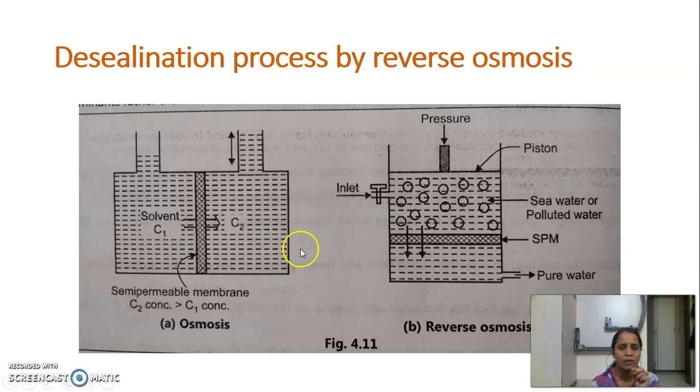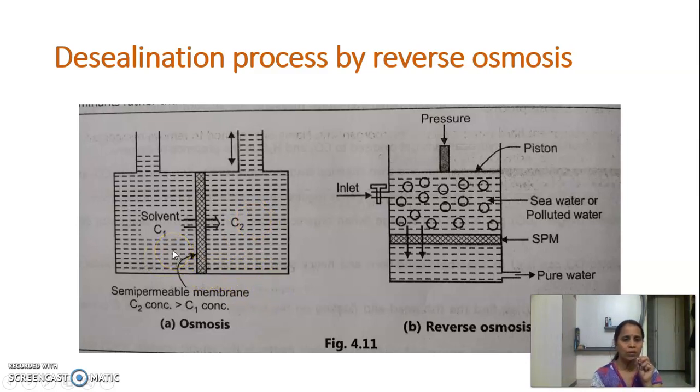See, two diagrams are there on screen, and C1, C2 concentrations are given. C2 is nothing but a higher concentration of solute, that is, this is the more concentrated solution, whereas C1 is the less concentrated solution. Now see the tendency of the solvent naturally, that is osmosis. What is osmosis?